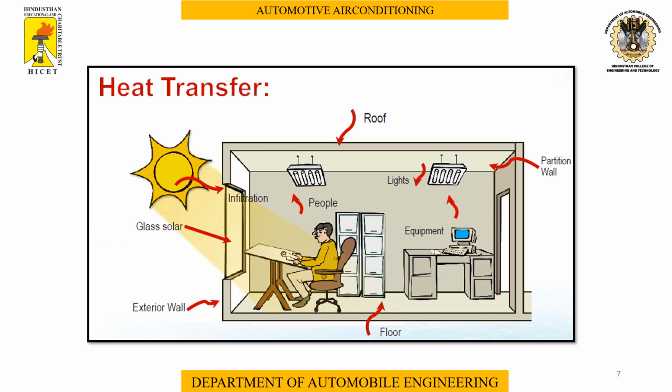The human being works with a pen or something on the table, so some conduction heat transfer takes place there. Convection heat transfer also takes place from the equipment, from the light to the room, the computer to the room, and the floor to the room.